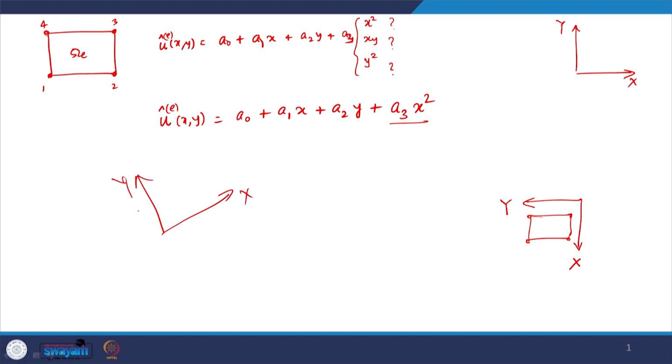The result should not change. My analysis result should not depend on this choice of frame of reference, and that can only happen when the approximation that I consider is symmetric with respect to the coordinate directions. When that happens, the choice of frame of reference will not have any influence, and this is what we call geometric isotropy.